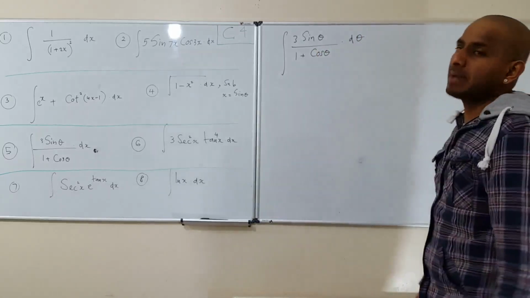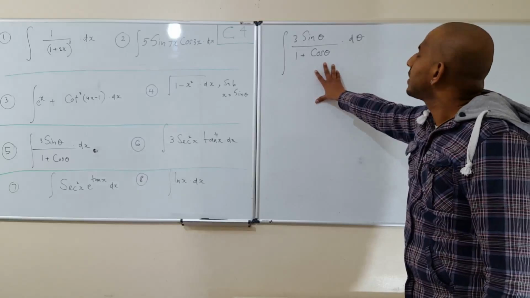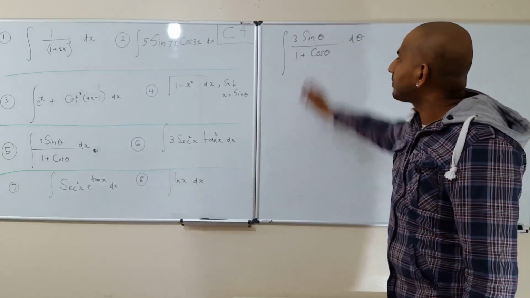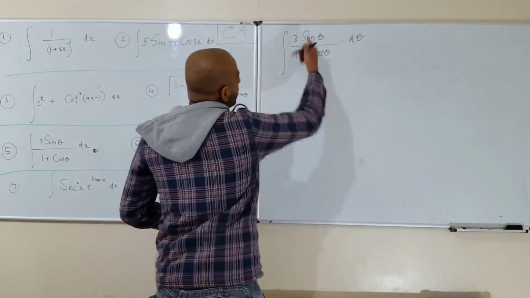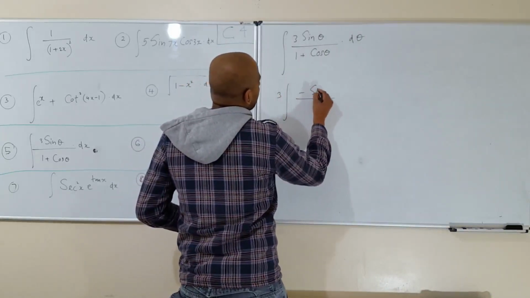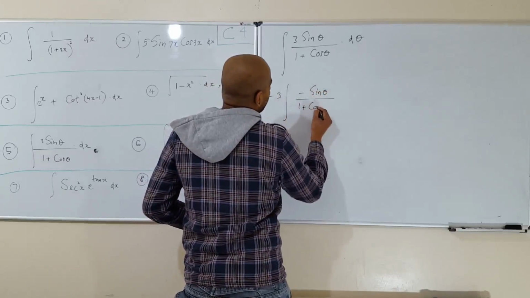I mean, we can make a similar one. For example, if we differentiate 1 plus cos theta, you're going to get minus sine theta. We got sine theta. So we can turn this one into minus sine theta like this. Minus sine theta, take the minus out, and 1 plus cos theta.